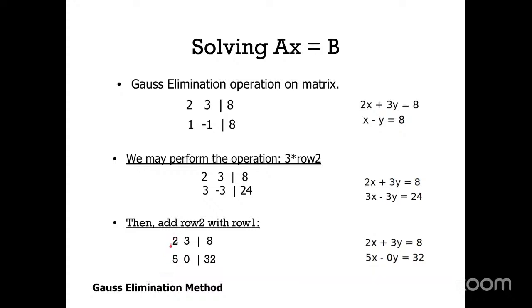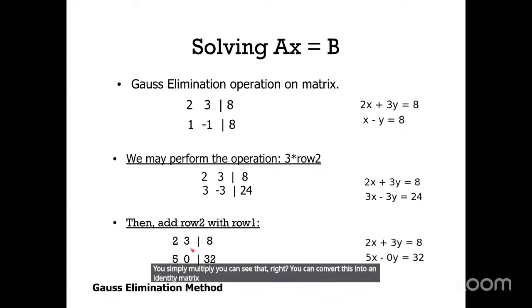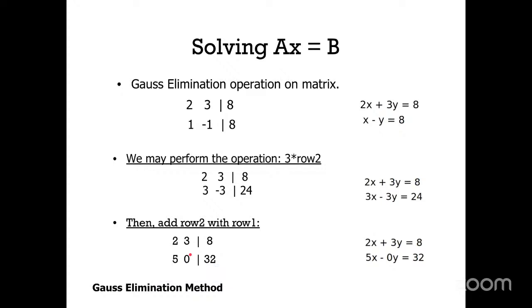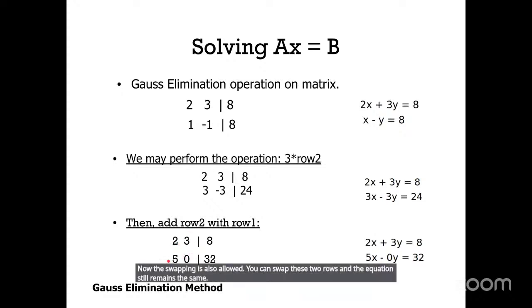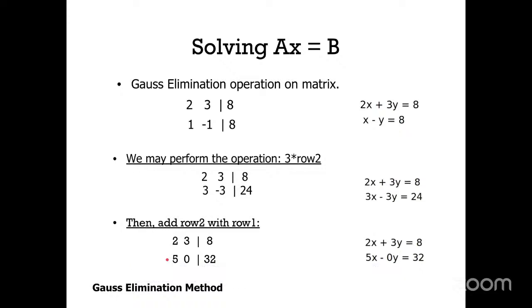You can see that, right? You can convert this into an identity matrix by some row operations. Now the swapping is also allowed. You can swap these two rows and the equation still remains the same. So you can convert this into an identity matrix form, and hence you can always find a unique solution.